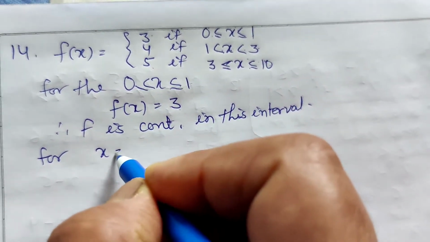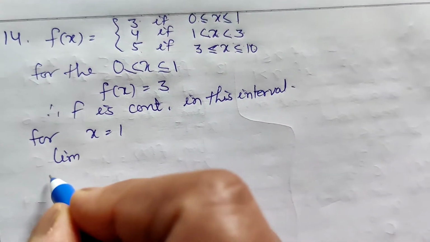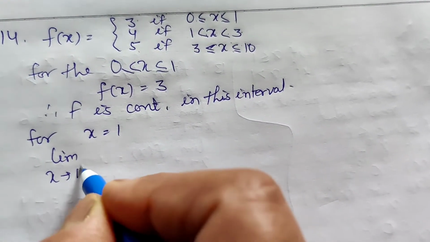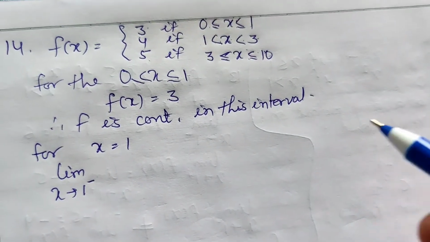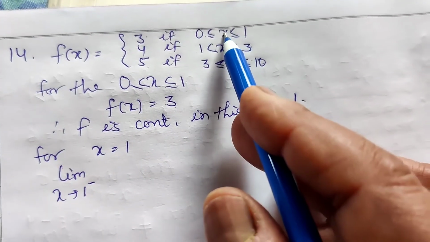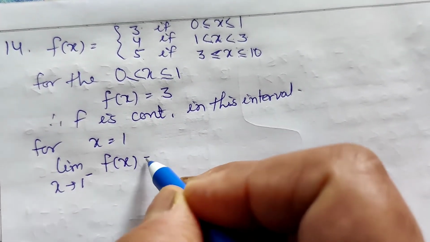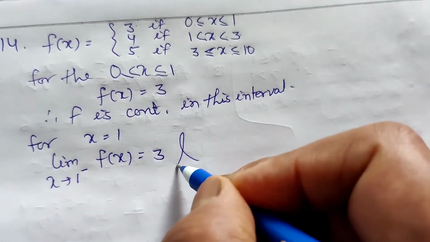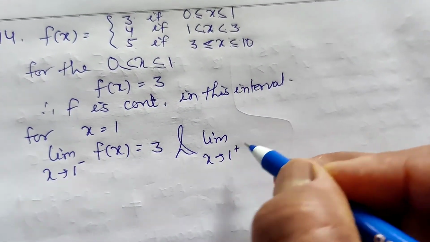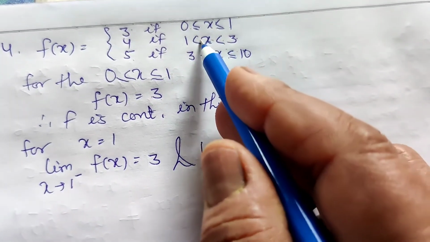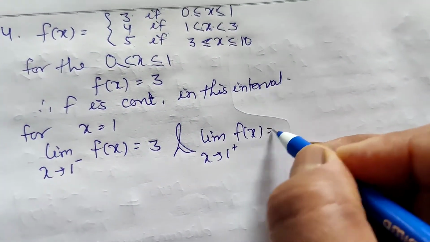Okay, the limit when x tends to 1 minus, where x is less than 1, the limit of the function is equal to 3. And when x tends to 1 plus, the positive side, where x is greater than 1, the function value is 4.